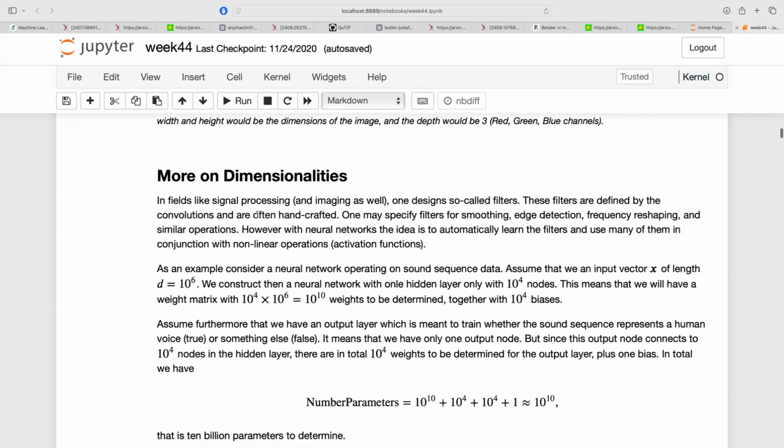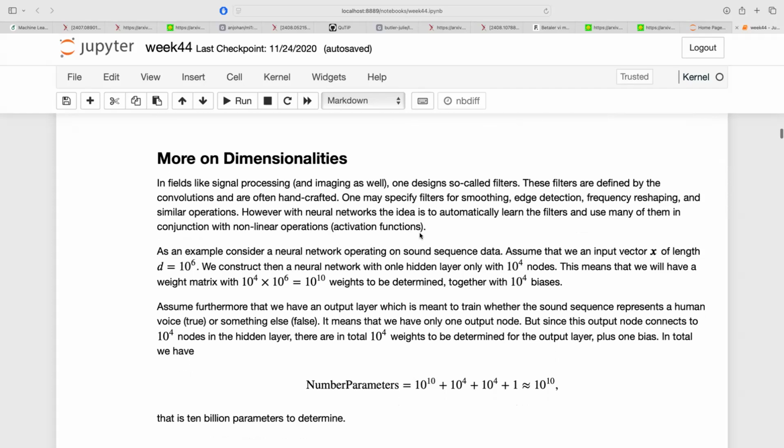In a field like signal processing, and this applies to imaging as well, you design so-called filters, and these filters are defined by convolutions and are often handcrafted. One may specify a filter for smoothing, edge detection, frequency reshaping, and many other types of operations.